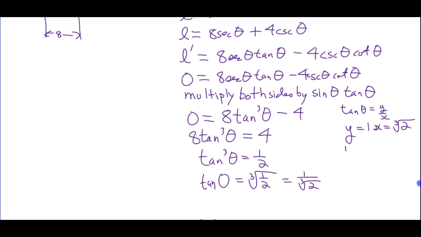R is the square root of x squared plus y squared. R is the square root of the cube root of 2 squared plus 1 squared. So R, okay, so the cube root of 2 squared is 2 to the 2/3, right? 2 to the 2/3.